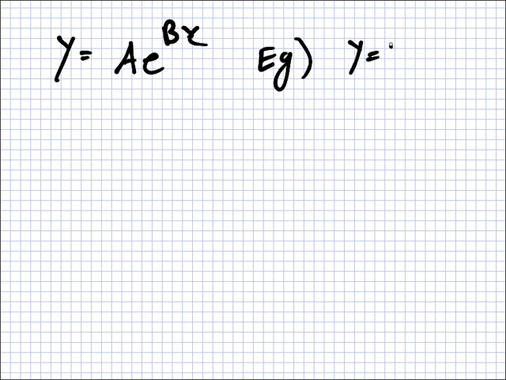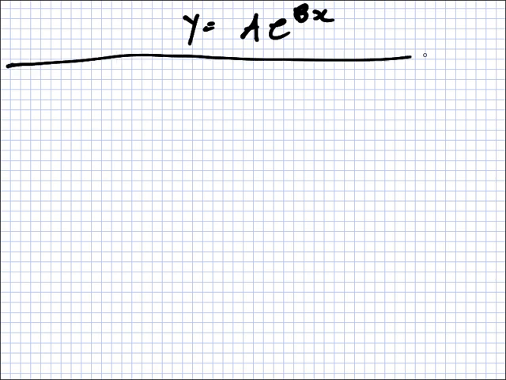So sometimes in the exam they might ask you to do a quick sketch of a graph of this form. So for example they might say to sketch y equals 2e power 3x. Something like that. Now you could take out your calculator and calculate different values and plot them that way, but what I want to show you is there's really only 4 possible graphs here, and it depends on if the A and the B, if they're positive or negative.